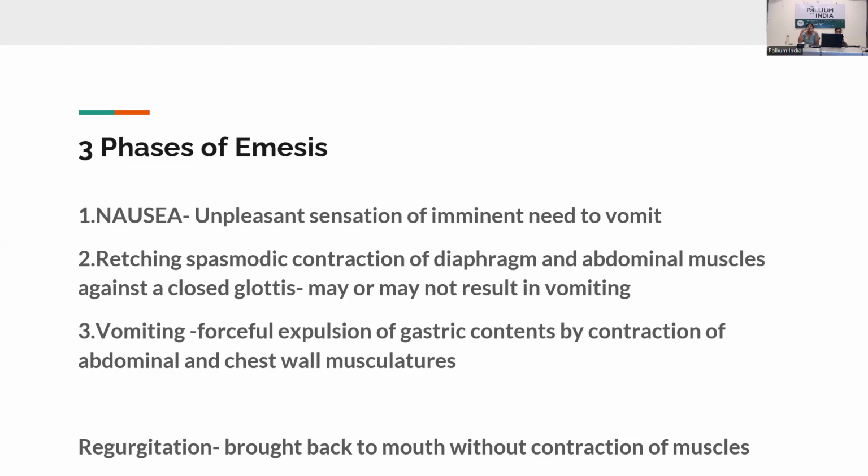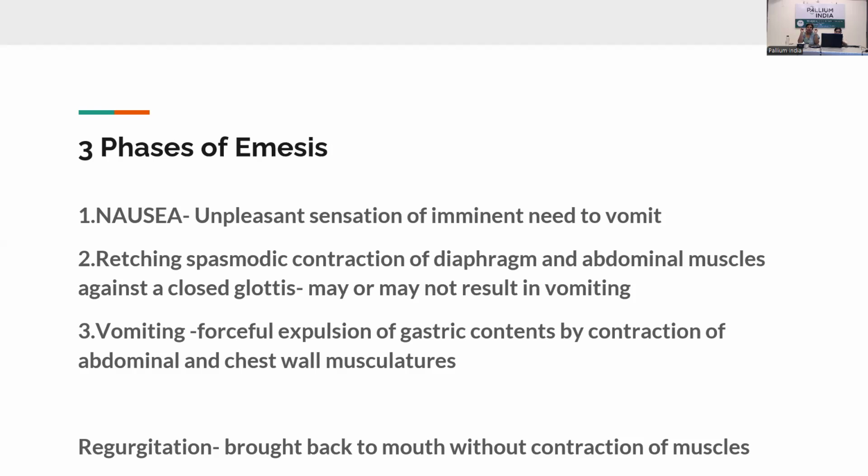When you got a vomiting, first you might have felt nauseated, and then there comes retching. You feel like something's coming out, and you feel choked also, right? This retching sometimes results in expulsion, the complete vomiting, or sometimes the patient keeps on retching, making a sound like "oh, oh" and continuing like that.